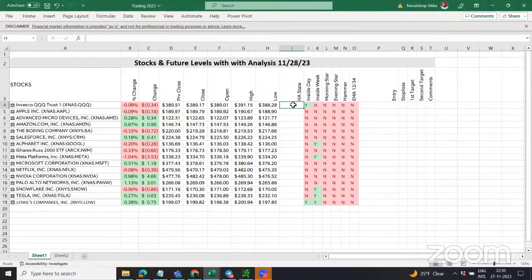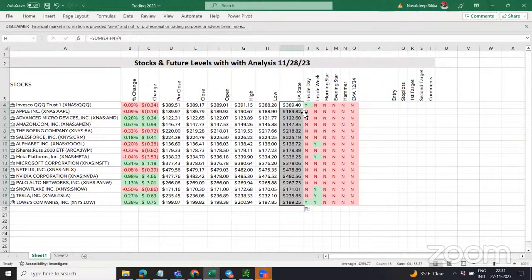This one we can calculate: add 4 of them, sum, divide by 4. This one. So I will simply use this piece and it will tell you what is the HA state.